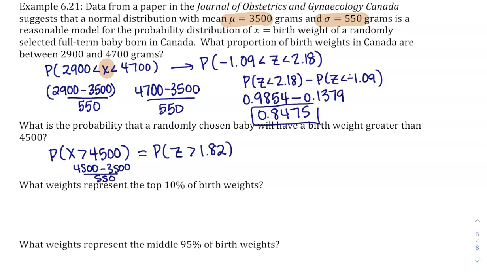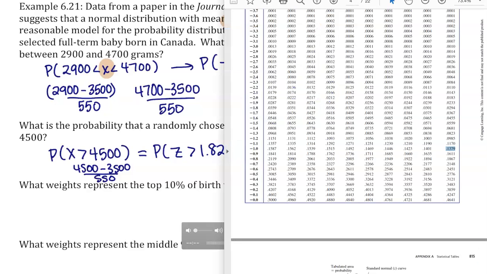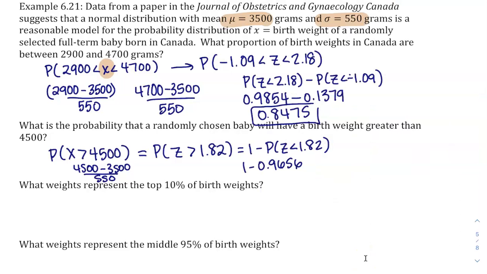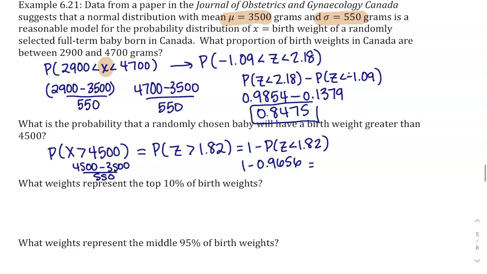It's a greater than problem, so we have to do 1 minus the probability that z is less than 1.82. So we need to look this up in the table, 1.82, and that is 0.9656. Do our subtraction, and our answer here is 0.0344. So that tells us only about 3.44% of babies are greater than 4,500 grams.